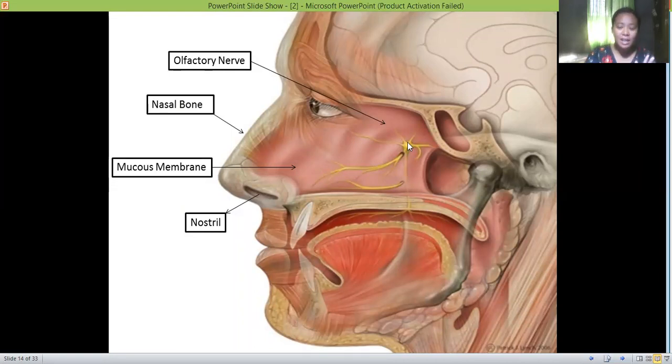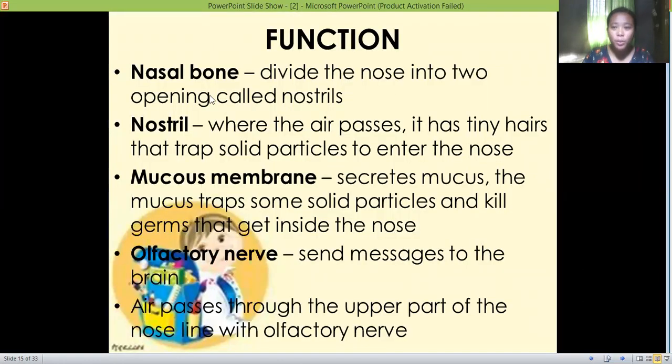Okay? Again, let's review. Nasal bone, it divides. Can you please touch your nasal bone? It divides into how many openings? 2 openings, and those openings are called nostril. And the nostril is where the air passes. And inside your nostril, there are tiny hairs.